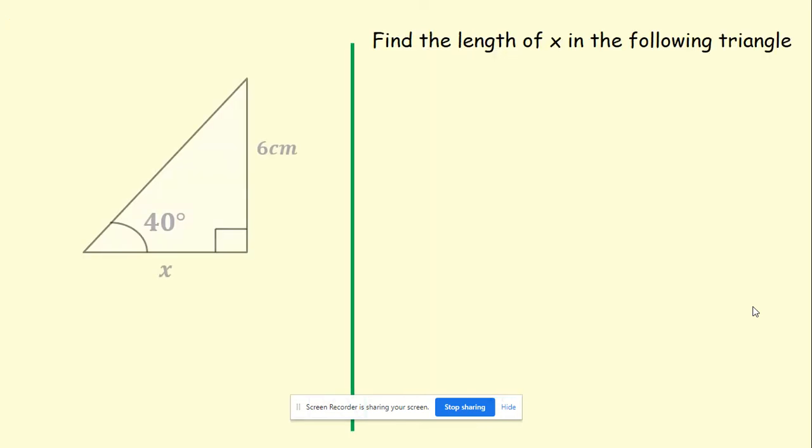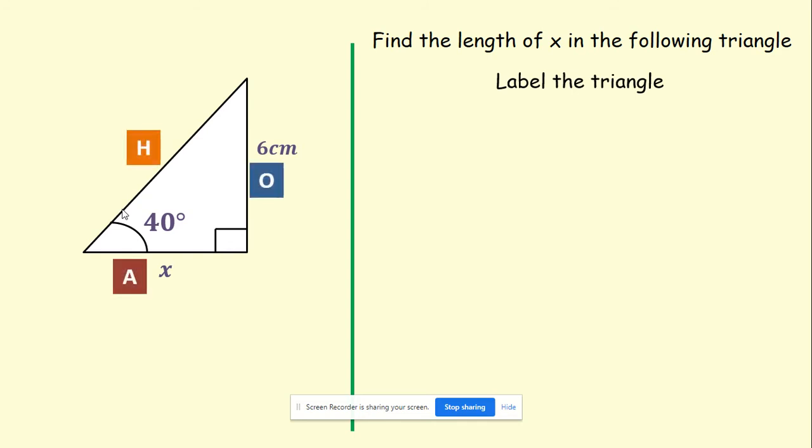Okay, next one. What I think you should do here is work it out, pause the video, come back and check it, okay? So this one is slightly different, but we still start the process the same. We label our triangle. The hypotenuse here is opposite my right angle. We should always be able to find this one.